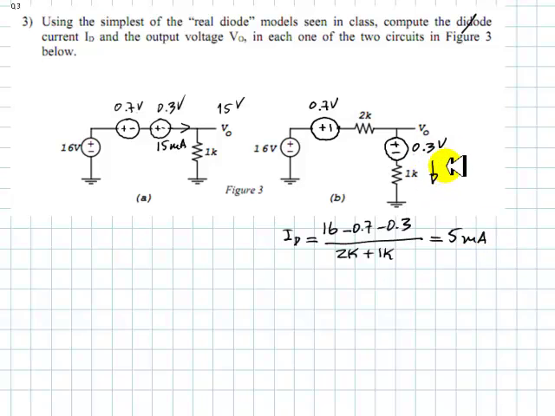That is the current, 5 milliamps. What about the voltage V0? Well, 5 milliamps in this 1 kilo ohm resistor produces a drop of 5 volts plus 0.3. V0 is 5.3 volts, of course. And that is the answer to this question.